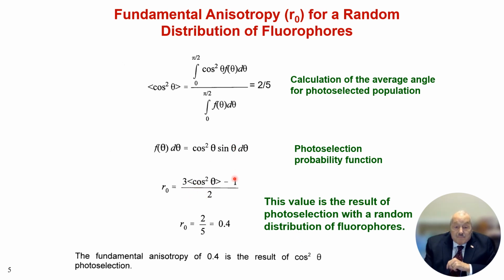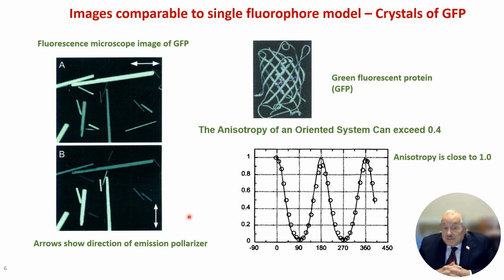I think I've adequately described this slide, which says we're getting a cosine squared of theta by integrating over the probability distribution. I wanted to prove to you that this actually occurs in practice. Measuring the polarization of a single molecule can be done and has been done, but it's rather difficult.